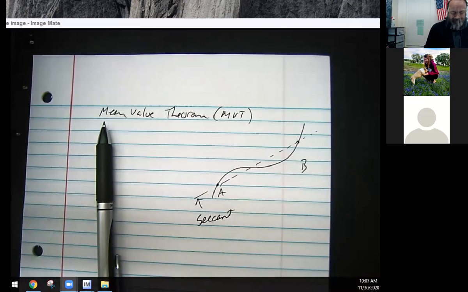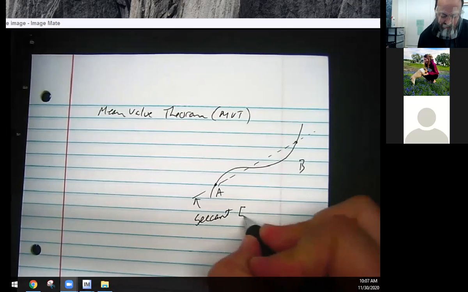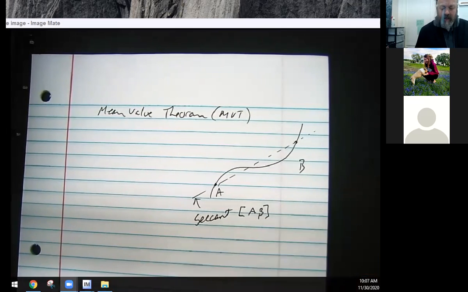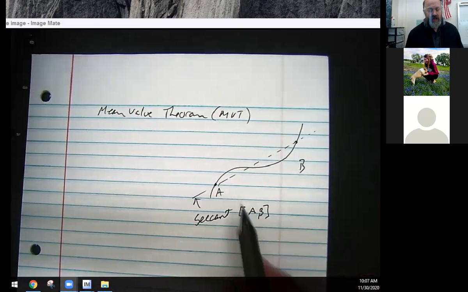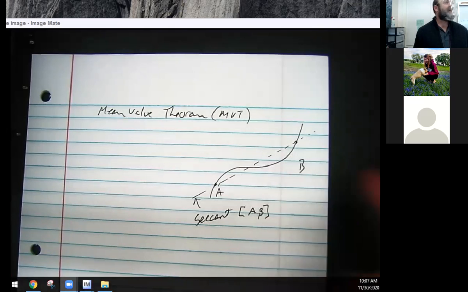Well, here's the deal. If we have that secant on the interval AB, and it is a smooth, nice, continuous differentiable curve, then the mean value theorem simply says that somewhere this curve will have precisely that slope. Does that make sense?